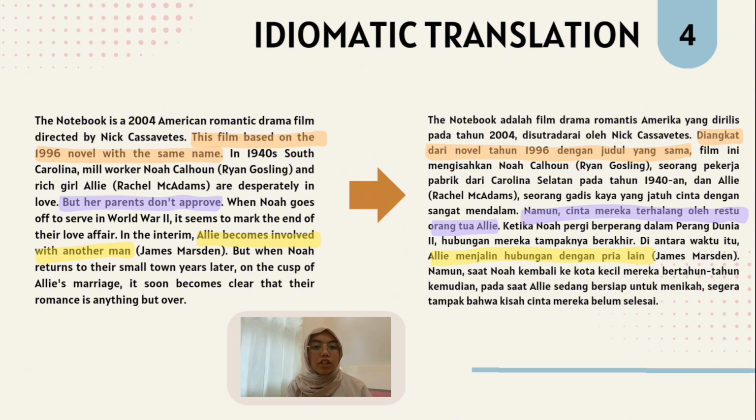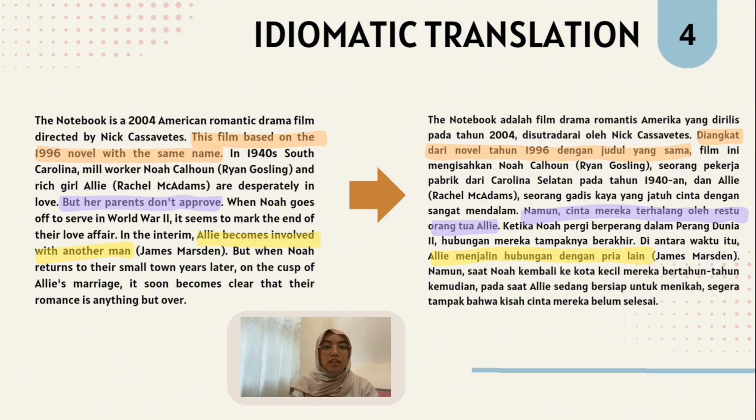The goal is to ensure that the translated text feels fluent and familiar to native speakers of the target language, even if that means changing the original wording or structure. In idiomatic translation, while it retains the same meaning, it emphasizes the message's relevance to the Indonesian audience without being too word for word.